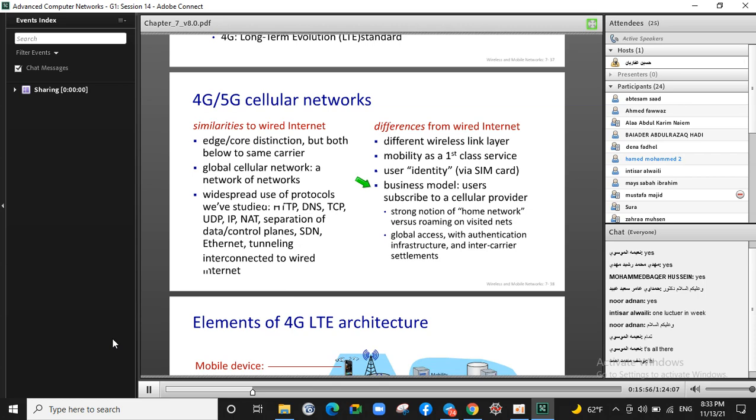So I have a home network and a visited network, and I can change my roaming from my home network to the visited network. So I have global access.